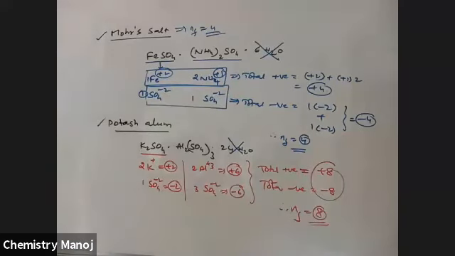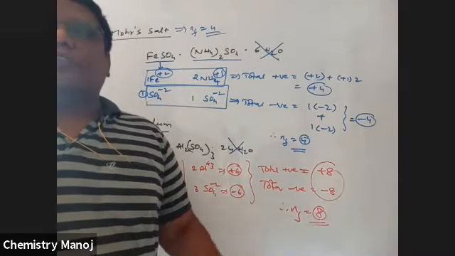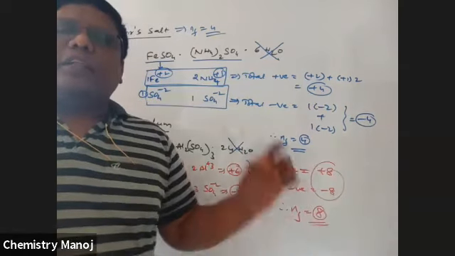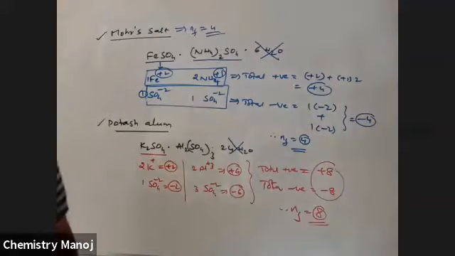Okay, so this is the N factor for different salts. For salts, total positive charge is equal to total negative charge, and the magnitude of that charge is nothing but the N factor for a particular substance.